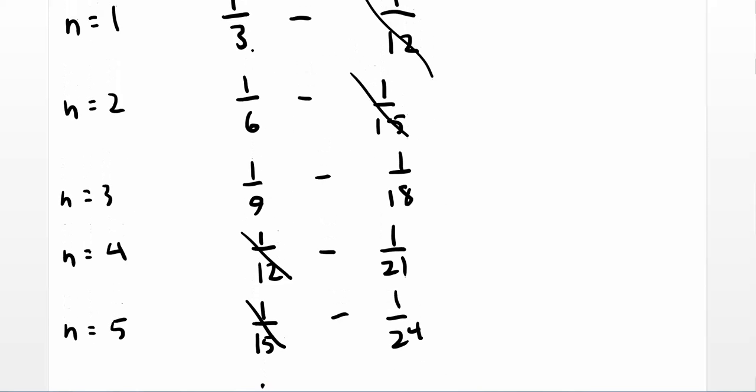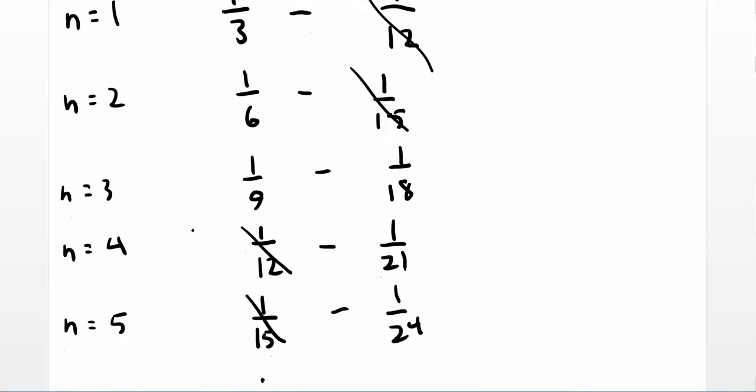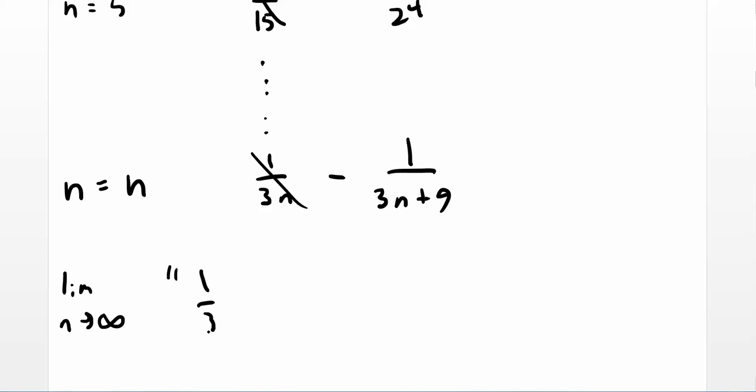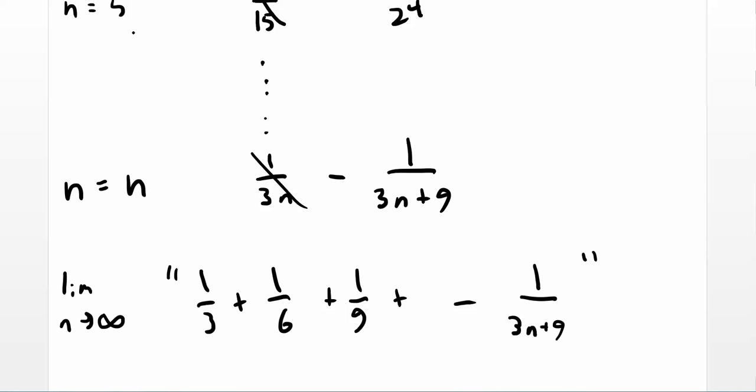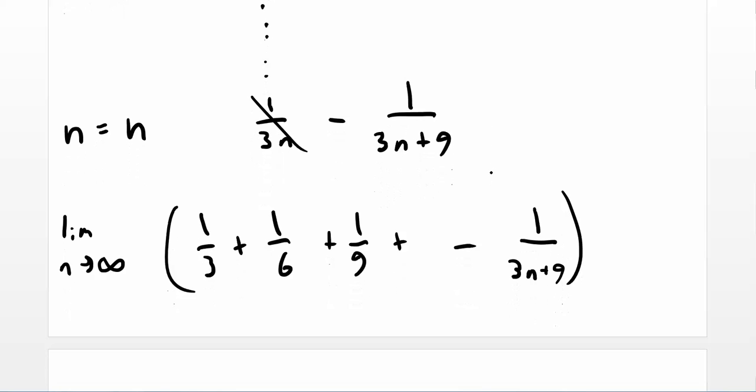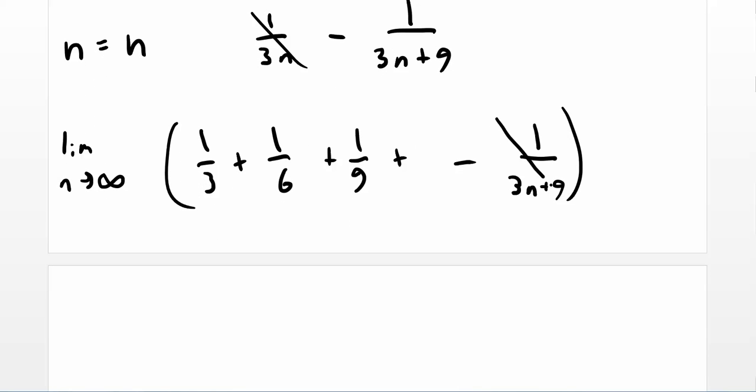Notice that we had 1/3, 1/6, and 1/9 remaining. 1/3 plus 1/6 plus 1/9 plus a few other terms, and then this last term was minus 1 over 3n plus 9. So there's a few other terms that have n in the bottom, but you'll see why it doesn't matter here in a minute. Because as n goes to infinity, all of these terms are going to drop out.